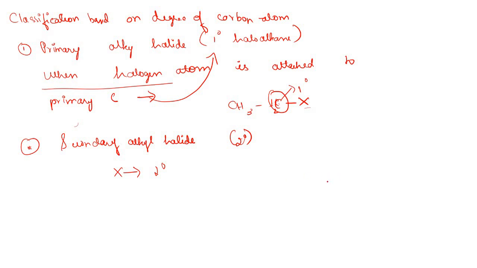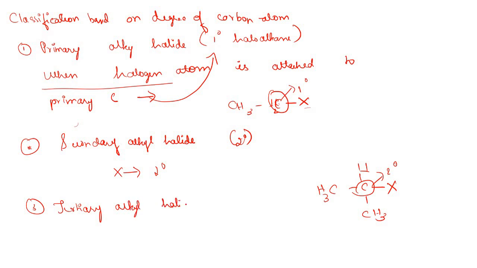For example, you can write CH3 and X. This is called a secondary carbon atom. The same thing applies to tertiary alkyl halides: when a halogen atom is attached to a 3 degree carbon atom, we call it a tertiary alkyl halide.